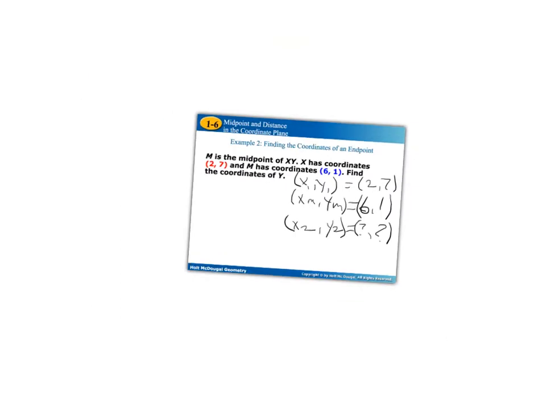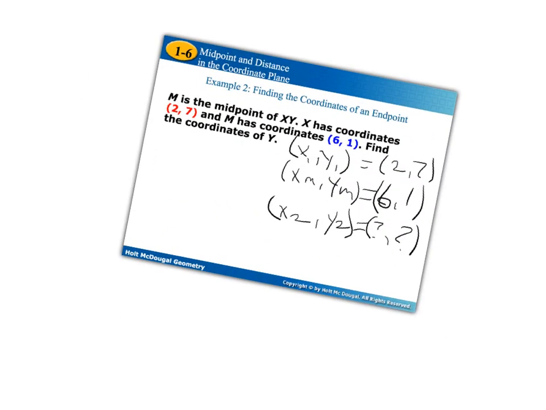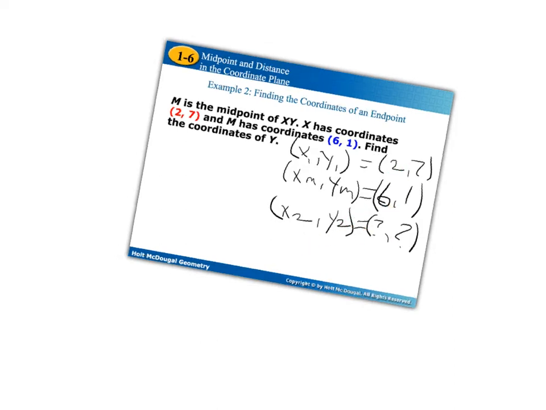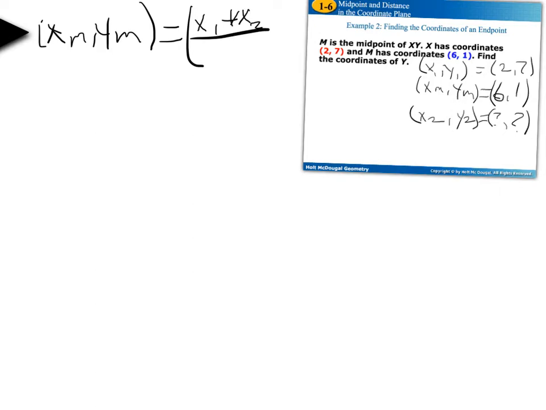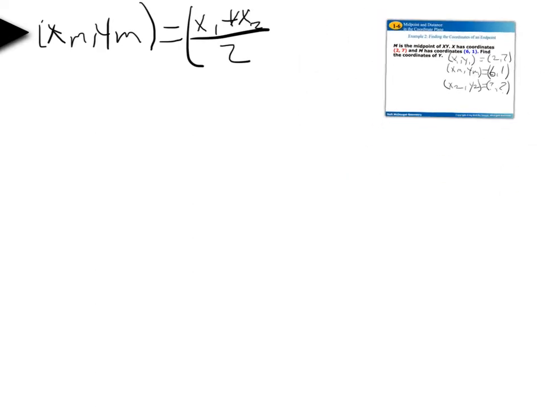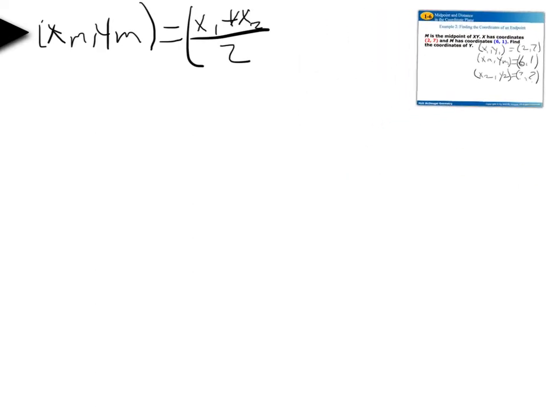Okay? So now I'm going to use these sets of points and put them into my midpoint formula. The midpoint formula is xm, ym equals x1 plus x2 over 2, y1 plus y2 over 2.